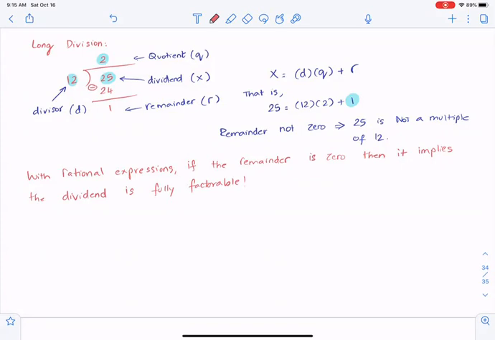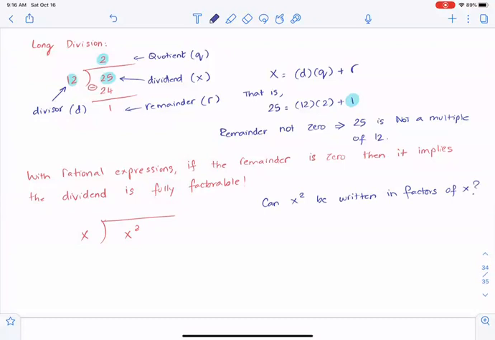I'm going to start with a very simple case. I'm going to ask the question, can x squared be written in factors of x?